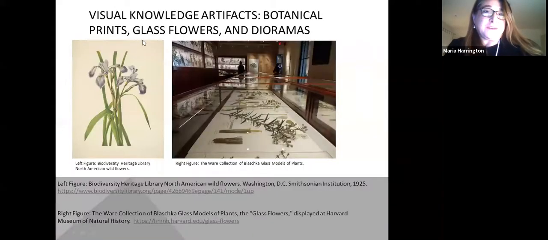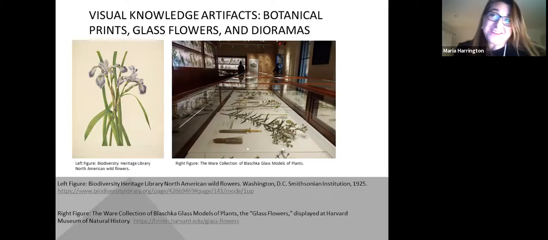Other examples of these knowledge artifacts are botanical prints or glass flowers and dioramas that are exhibited at other natural history museums. But the botanical prints are very interesting because they represent visual knowledge. In addition to field notes of naturalists and data recorded, we often find the illustrations.